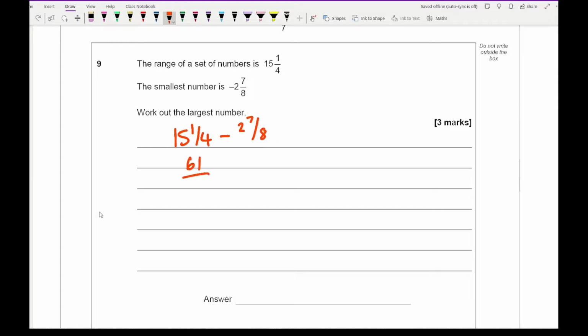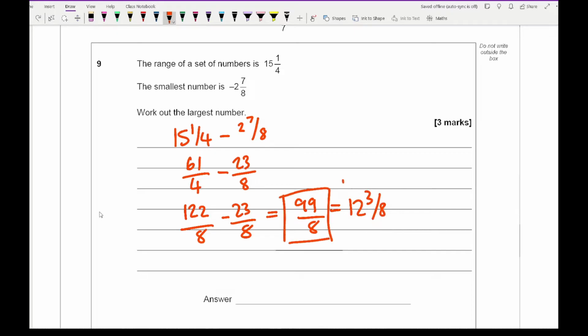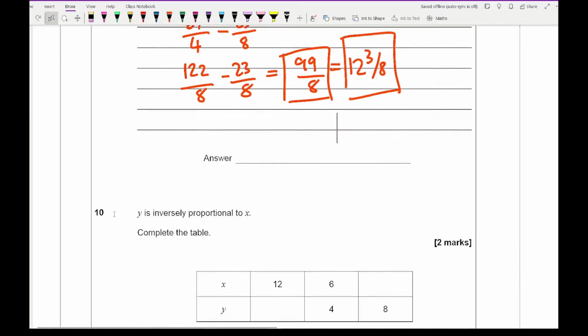So we've got 61 over 4 minus 23 over 8, which is 122 over 8 minus 23 over 8, which becomes 99 over 8, which becomes 12 3/8. In terms of answers, I would say either of those two would be absolutely fine.